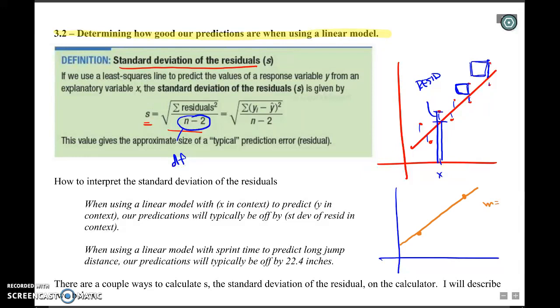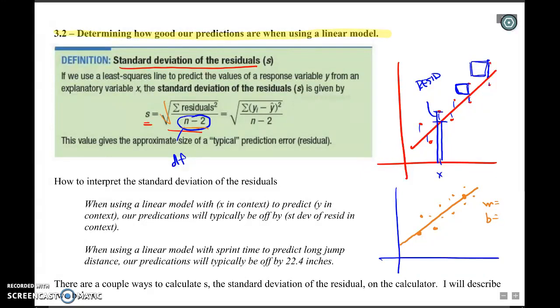We need to estimate our slope and our y-intercept, so 2 points determine the slope and the y-intercept, and then every extra point after that gives us another degree of freedom. That's not quite exactly right, but that's good enough. Basically, we're going to divide by n minus 2 in this case.